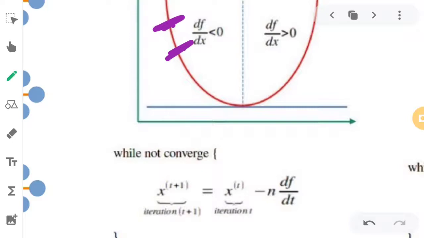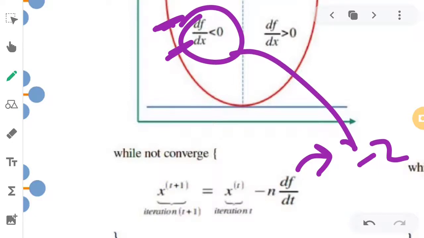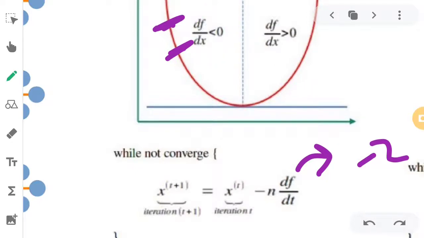That means suppose df/dt equals minus 2, because df/dt is negative, and n equals suppose 1.